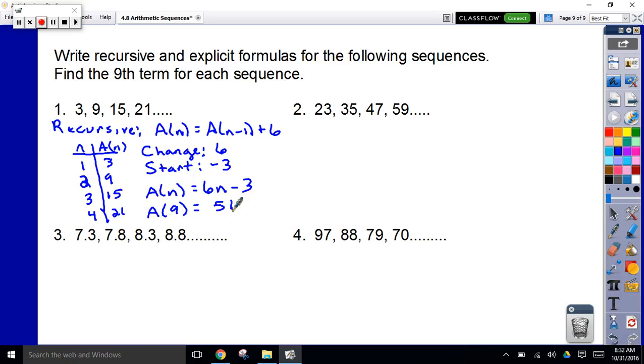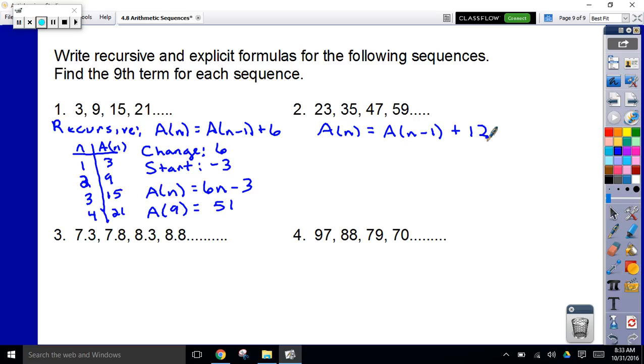Okay, number 2. TJ, what would the recursive formula be? A of n equals A of n minus 1 plus 12. Good.